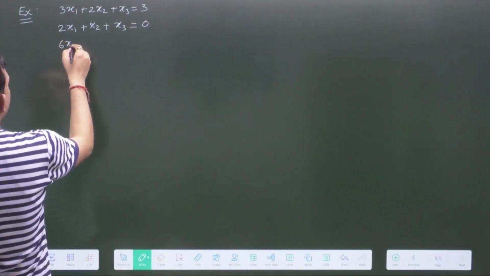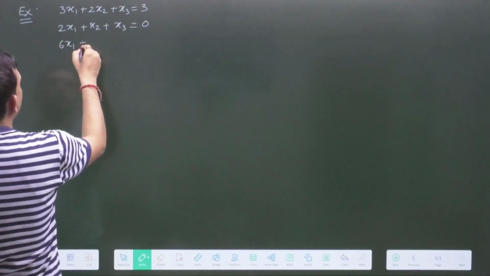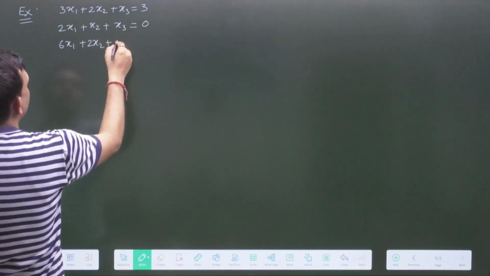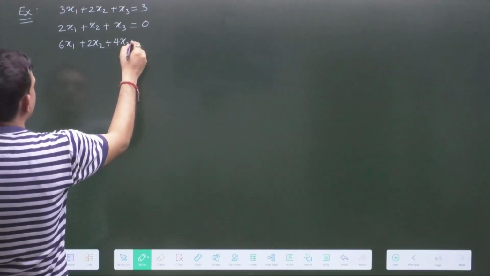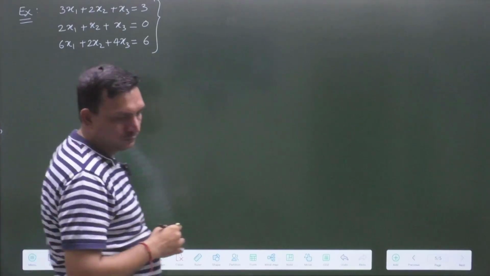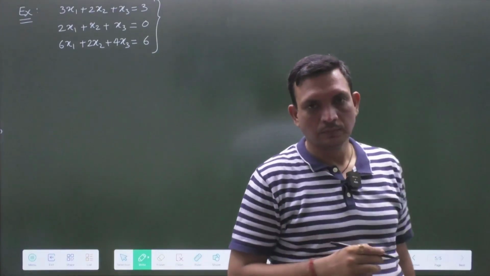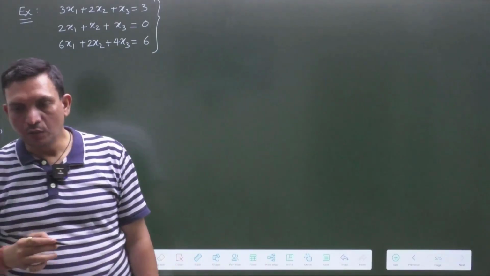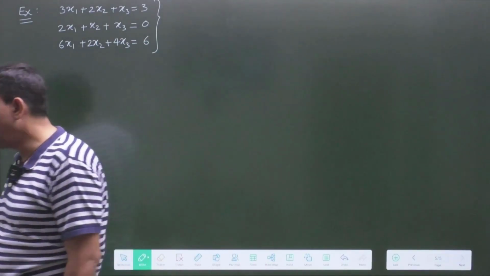You have 6x1 plus 2x2 plus 4x3, and that is 6. Now let's check. Now write down the elementary augmented matrix and then check.